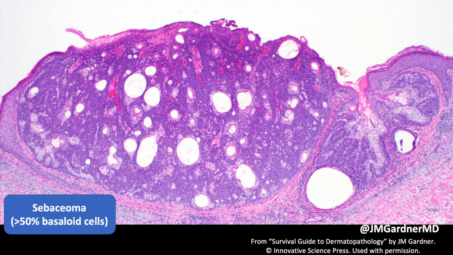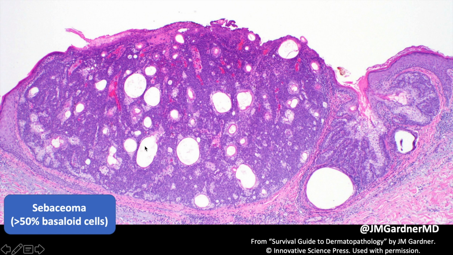So here's a sebaceoma. You can see it's a nice circumscribed lobule or two, a couple of lobules there circumscribed. It's not very large or deep. I do start to get kind of concerned if I see deep pushing lesions that are large and push down into the deep dermis. It's not that that has to be malignant, but it starts really concerning me if I see large lesions pushing down that are sebaceous.